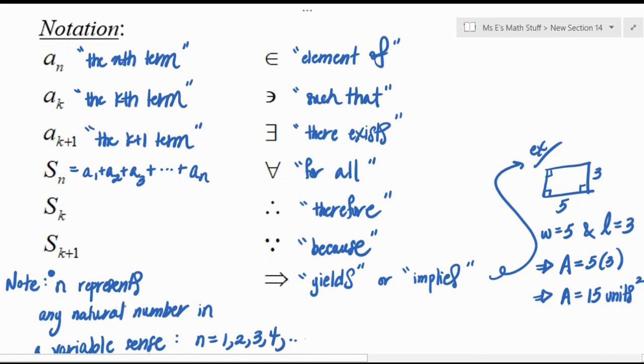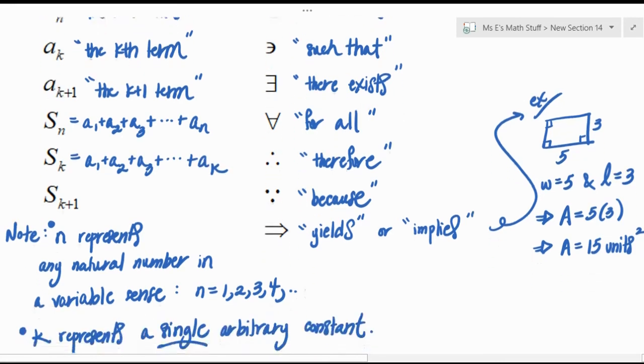And S sub K means the sum of the first K terms. That would mean a sub 1 plus a sub 2 plus a sub 3 plus, and then K just means some arbitrary constant, so you'd stop at whatever constant that is.